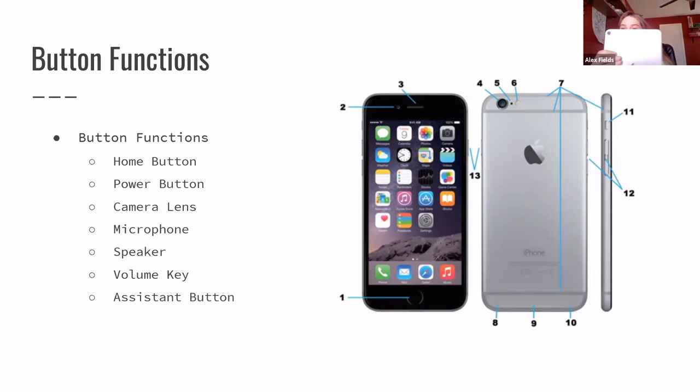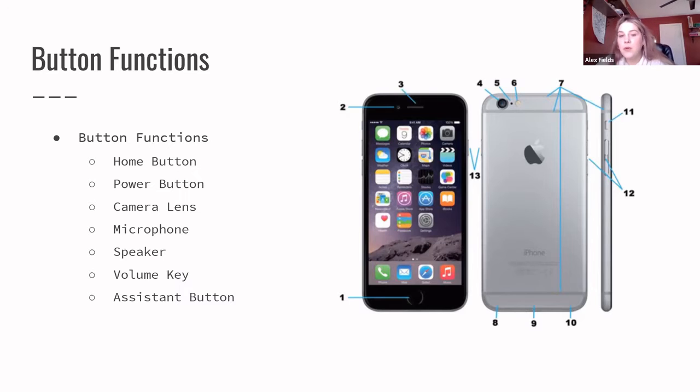On your iPad, it will just be this one camera lens, or the front-facing camera lens in the center of your screen. So that way you can take photos looking directly at your device, or you can take photos holding up your device and taking photos of your surroundings or videos.